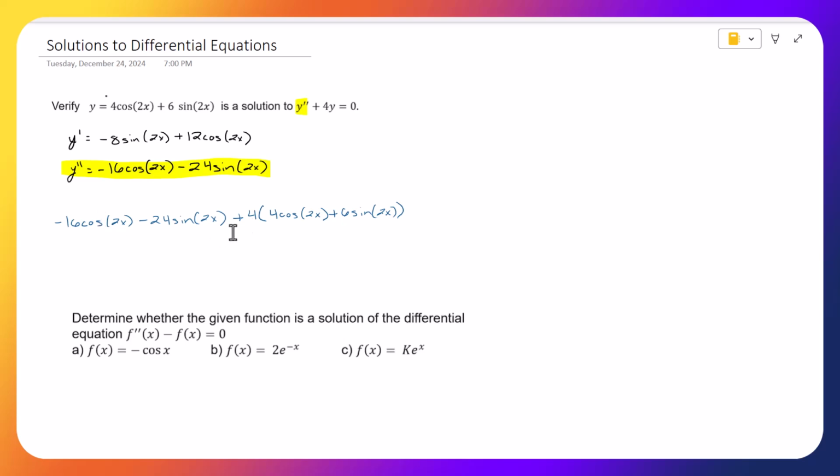And so distributing, we're going to have 16 cosine of 2x plus 24 sine of 2x. From there, it should be apparent what's going to happen.